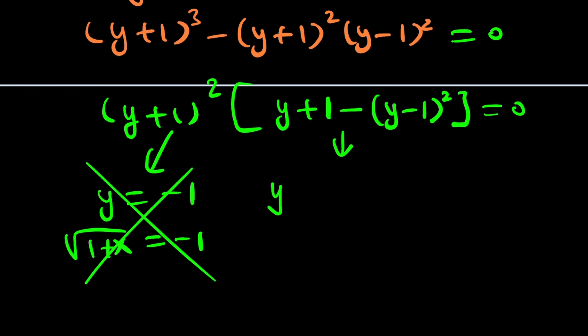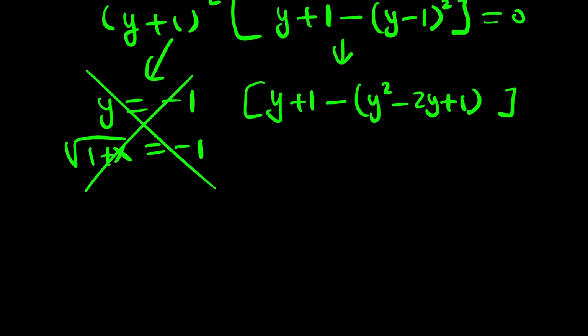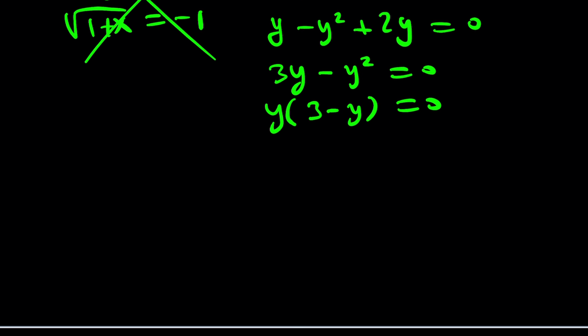So that's meaningless. What about this? We have to expand it, y plus 1. From it, subtract y squared minus 2y plus 1. This is really cool because now the ones are going to cancel out. We're going to get y minus y squared plus 2y equals 0. And this means 3y minus y squared equals 0, which means y is equal to 0 or y is equal to 3.